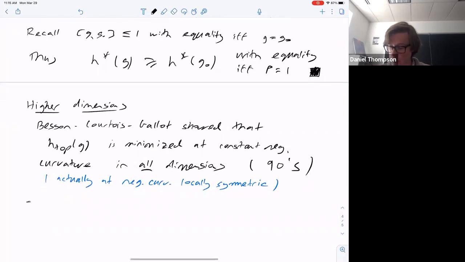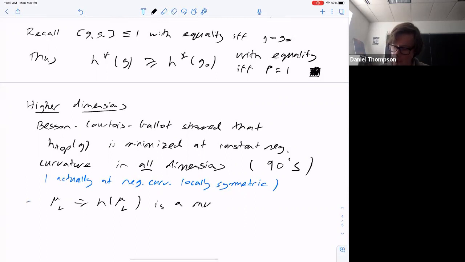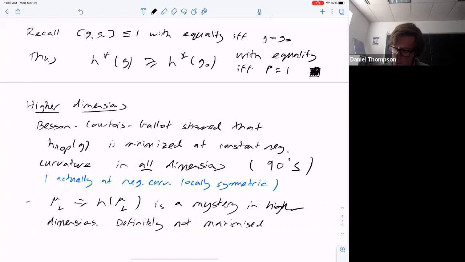Now, I'm just going to write mu L goes to H mu L. It is a mystery in high dimensions. Definitely not maximized at constant curvature.